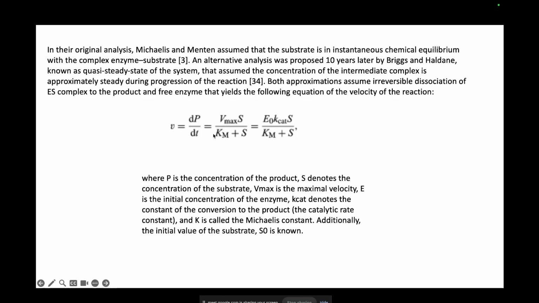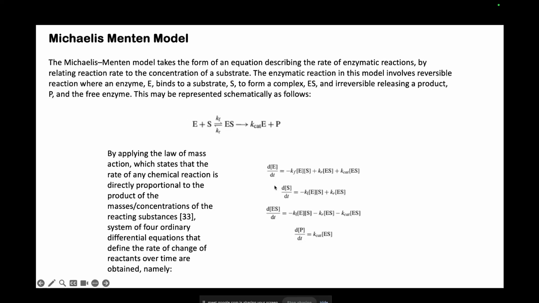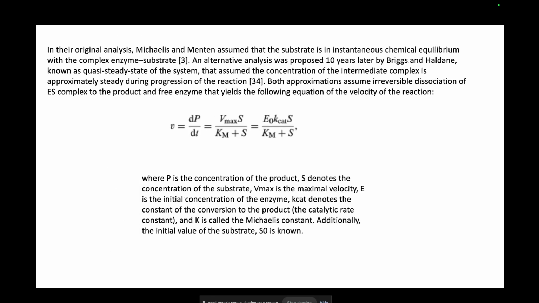So this is the Michaelis-Menten equation. Again, how we derive the Michaelis-Menten equation is by using differential equations and modeling this particular type of reaction. That is how the Michaelis-Menten equation is derived.